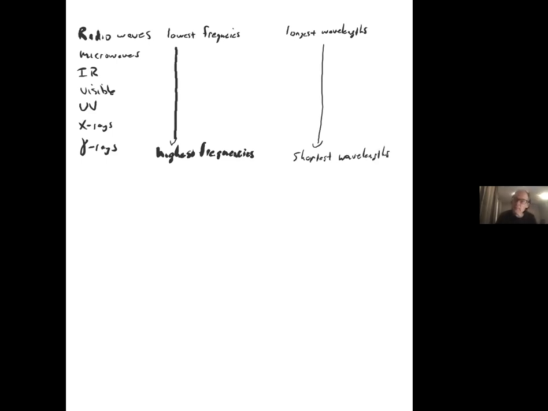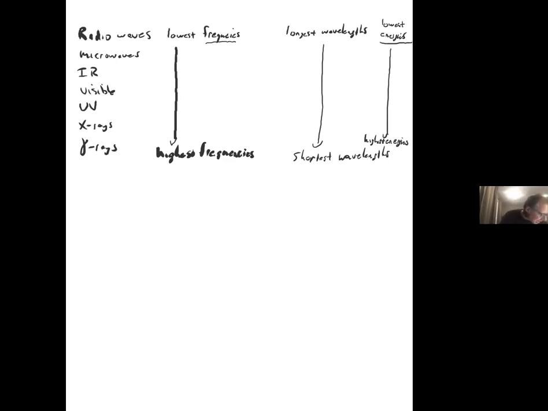But remember, earlier on I told you that radio waves have the lowest energies, and that gamma rays have the highest energies. So that means that energy goes in the same direction as frequency. If you have the lowest frequency, you also have the lowest energy. If you have the highest frequency, you have the highest energy.